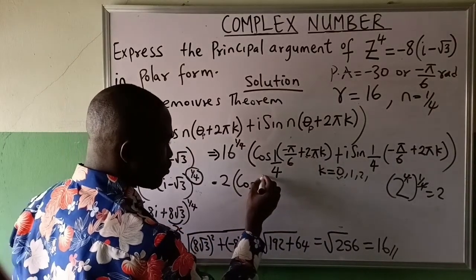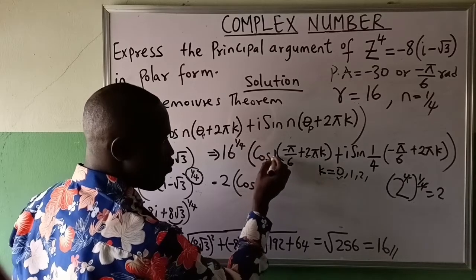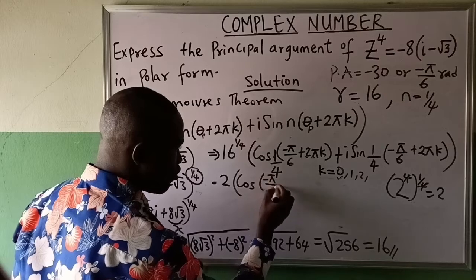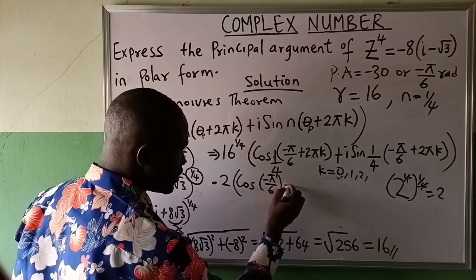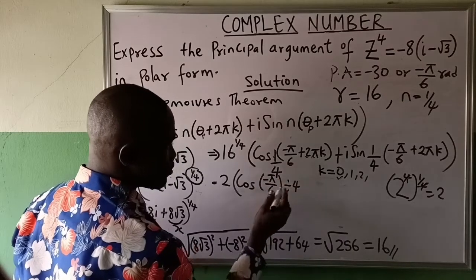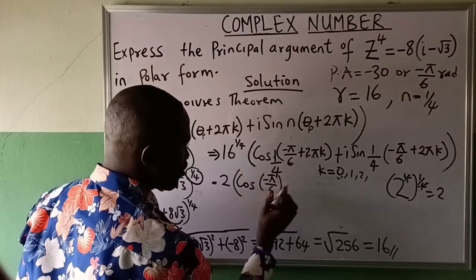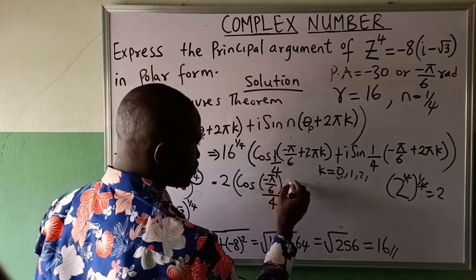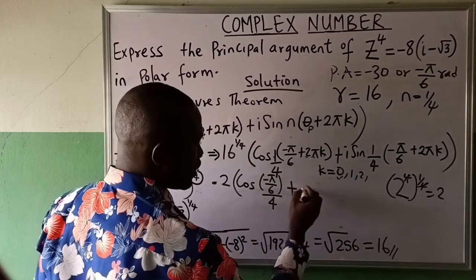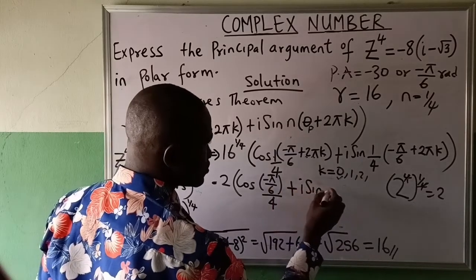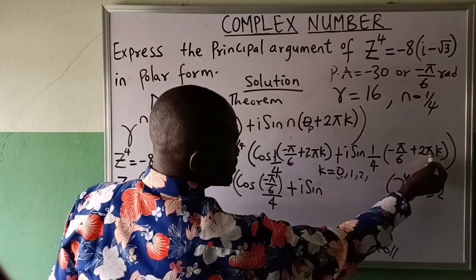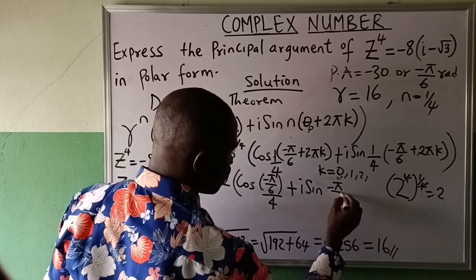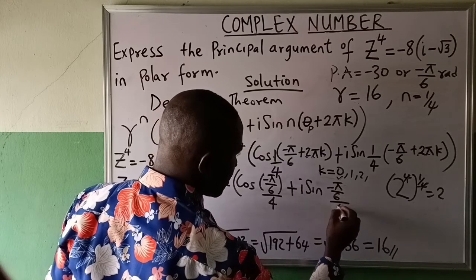So we will now have 1 times this, minus pi over 6 divided by 4, minus pi over 6 all over 4, plus i sine 0 times is 0, i sine minus pi over 6 divided by 4.